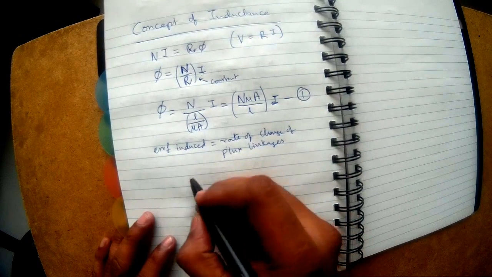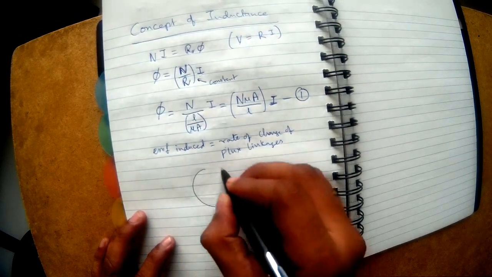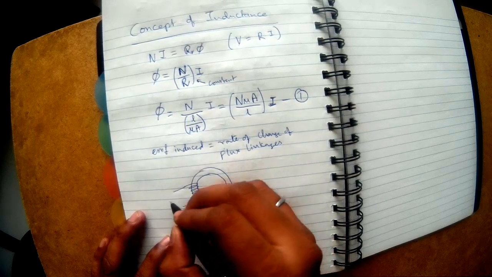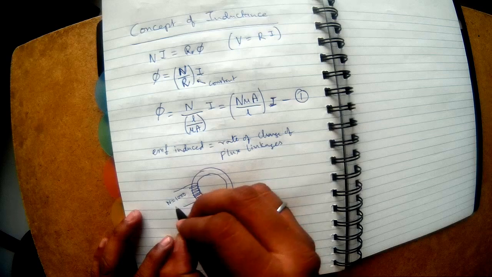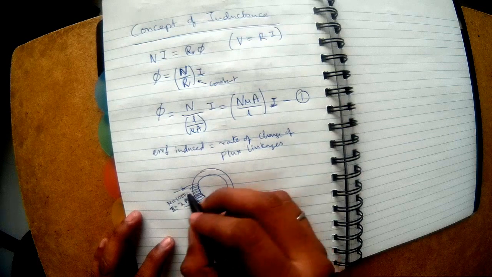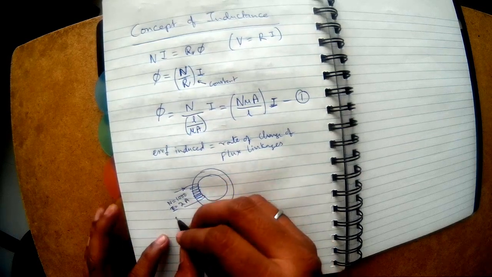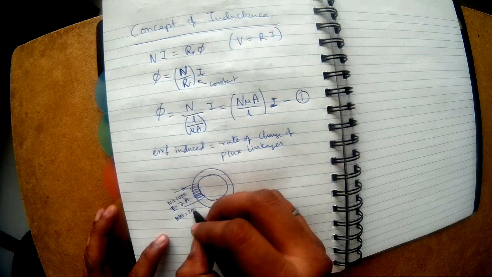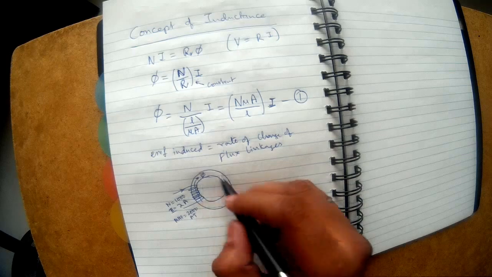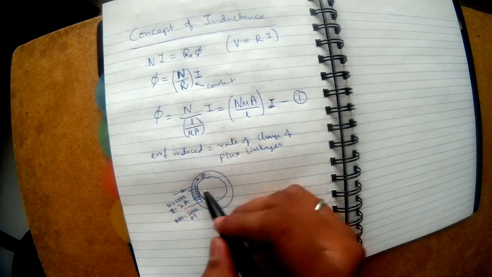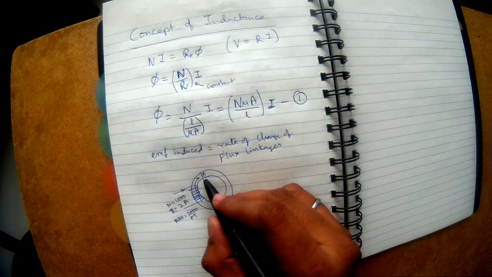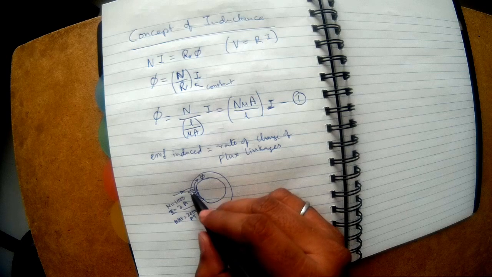Okay, so if you consider some kind of a core and some kind of turns, let's say N equal to 1000 turns and the current is 2 amperes. So 2 amperes of current is flowing through 1000 turns. So MMF is nothing but 2000 ampere turns. That is resulting in some kind of flux. Now how much flux is generated depends on the reluctance of the ring.